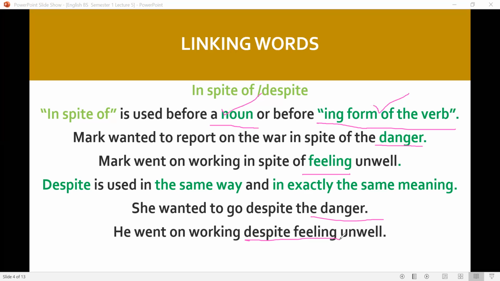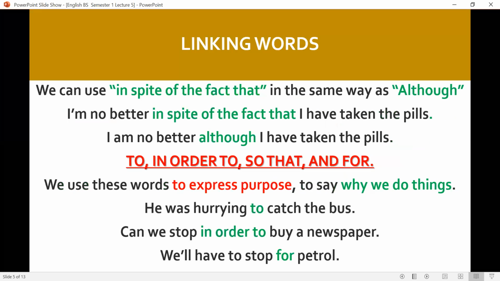These two words are used to give an explanation of why someone is doing something. He wanted to report on the war. He wanted to do it irrespective of the conditions he will face, irrespective of the danger he will feel in that situation. We use these two kinds of words, despite and in spite of.